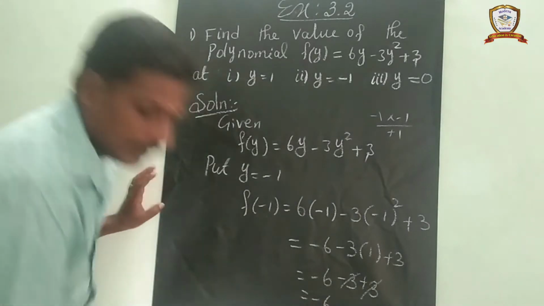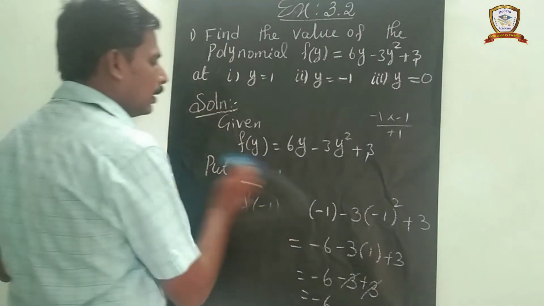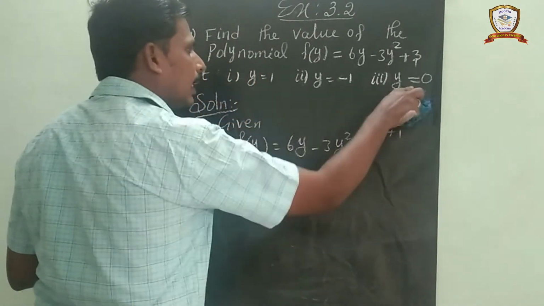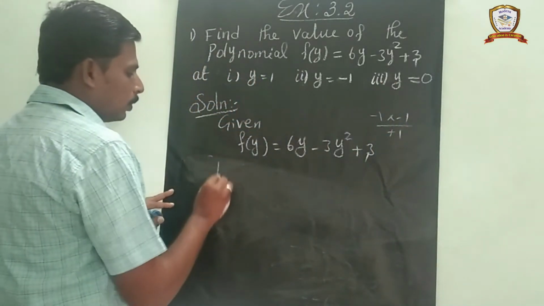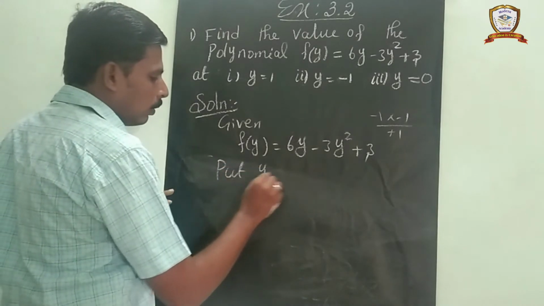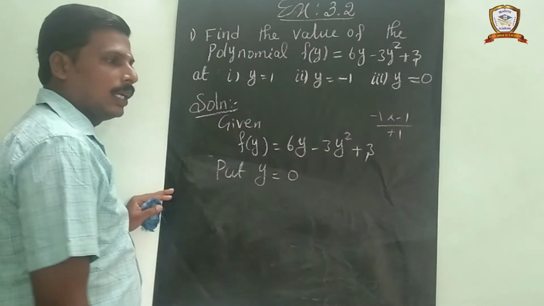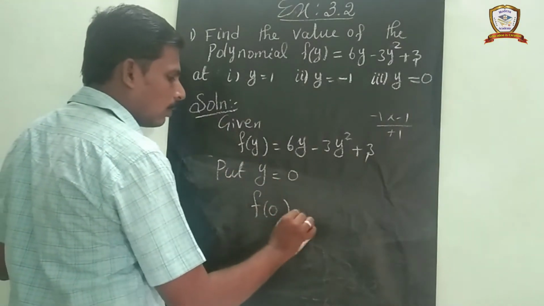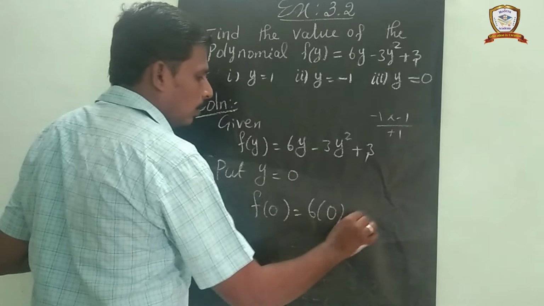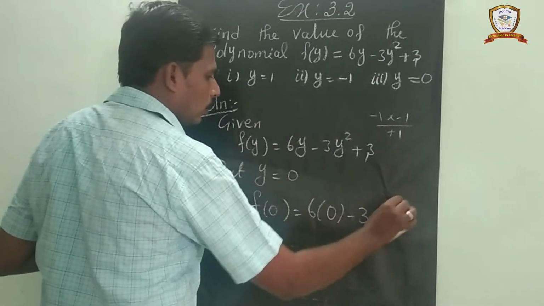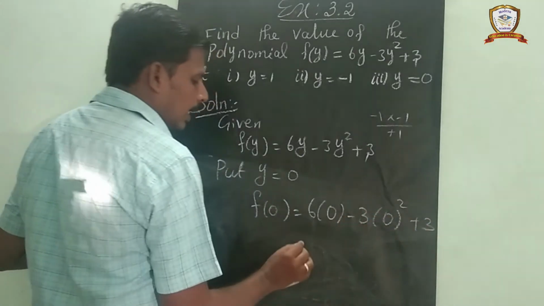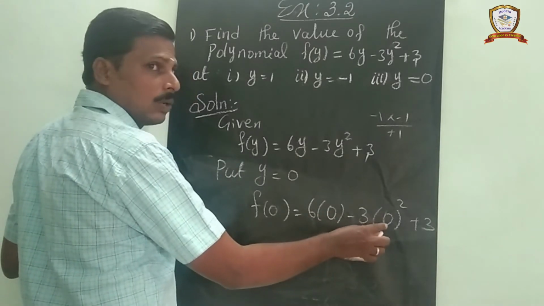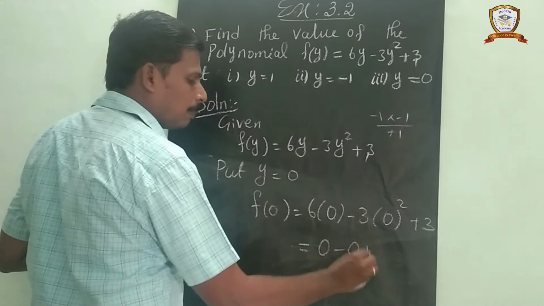Okay children, then go to the third subdivision. Find the value of the polynomial at y is equal to 0. So we put y equal to 0, so y is replaced by 0. So f of 0 equal to 6 into 0 minus 3 into 0 the whole square plus 3. 0 into 6 is 0. 0 squared is 0. 0 into 3 is 0, plus 3.